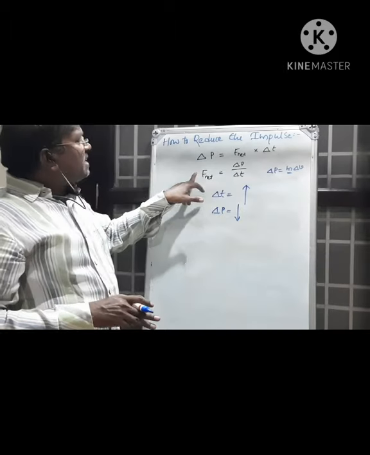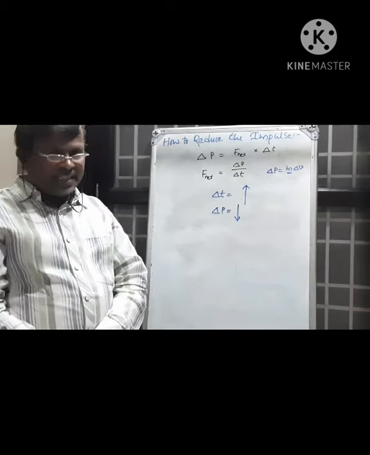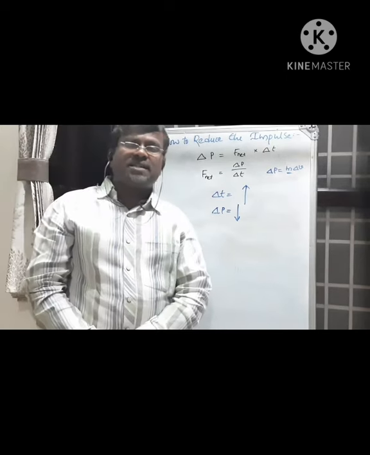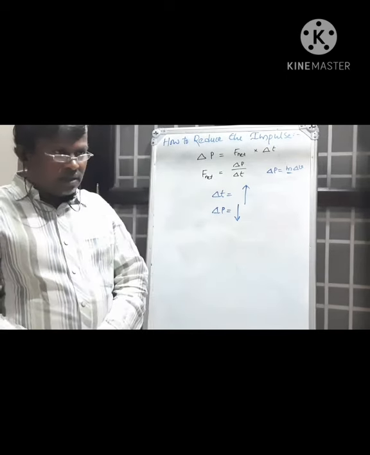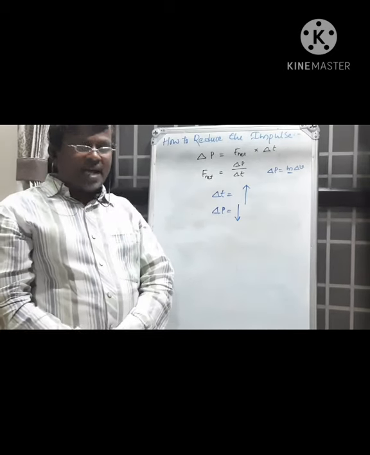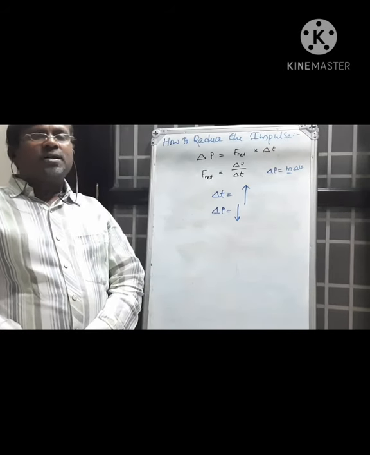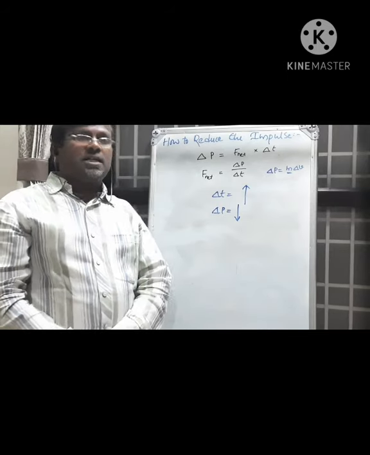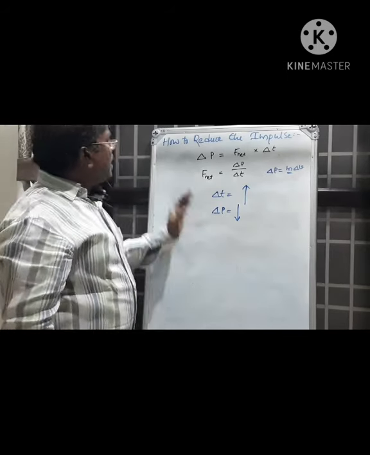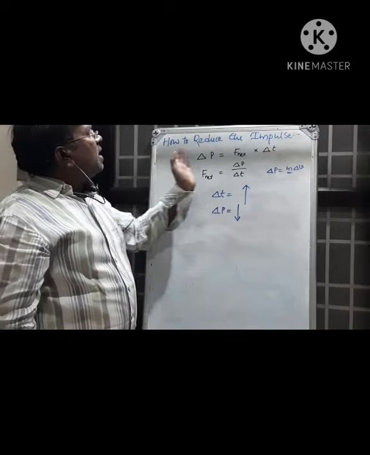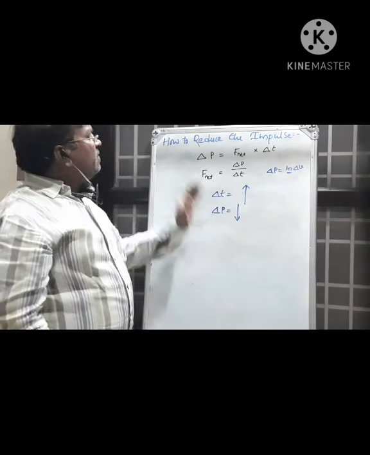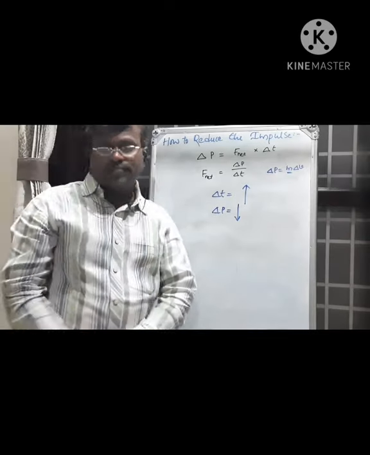Automatically the impact of the force can be decreased. So this is how the airbags can save us from big accidents, from injuries, or in some cases death also. So this is the application of the impulse and how to decrease the effect of the impulse.